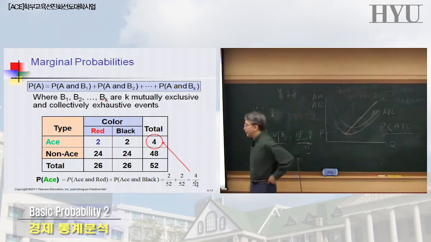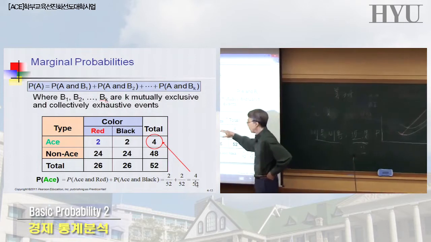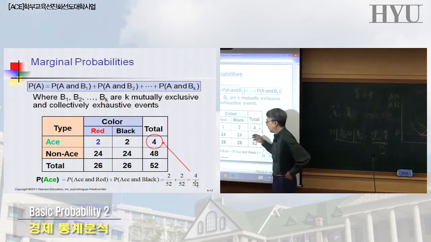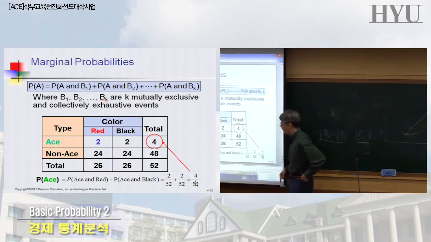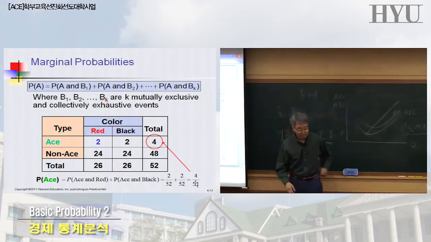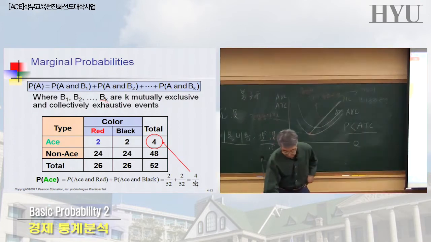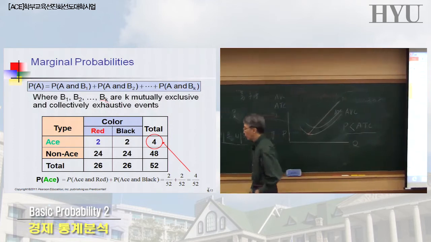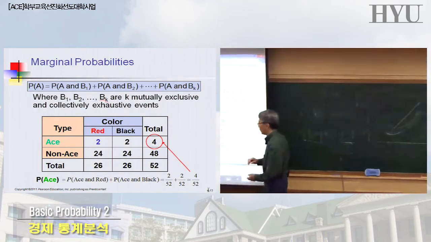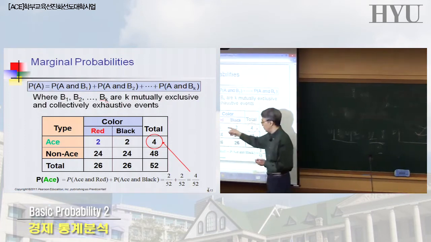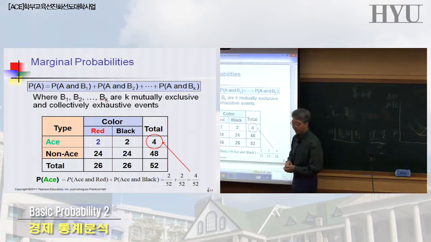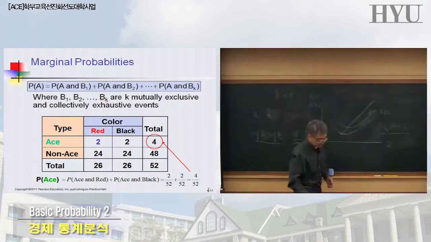Since we have a total of 4 aces in the entire deck of cards, the probability for ace would be 4 divided by 52, which is the total. And that's how we calculate the marginal probability. Probability of picking a red card, for example, would be 26 out of 52.